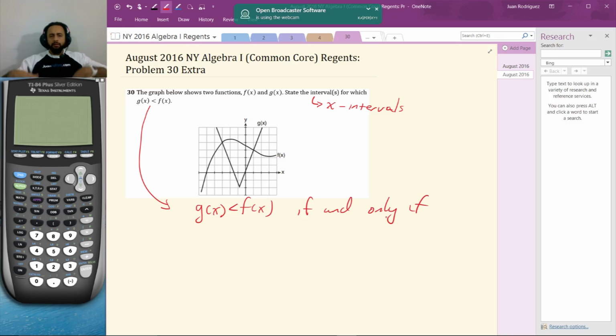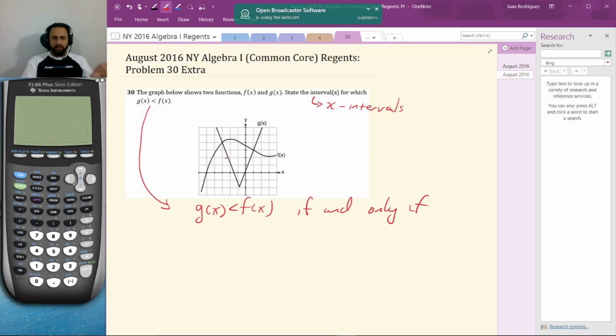So again, the points (x, y) on the graph are points that satisfy or don't satisfy the function, the equation. So the y coordinate represents the value of g of x or the value of f of x, or if it's on neither graph, it represents the value of neither f nor g. So g of x is less than f of x if and only if the value of g of x is less than the value of f of x, but the values are represented by the y coordinates.